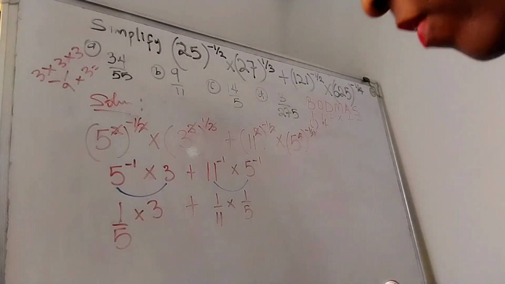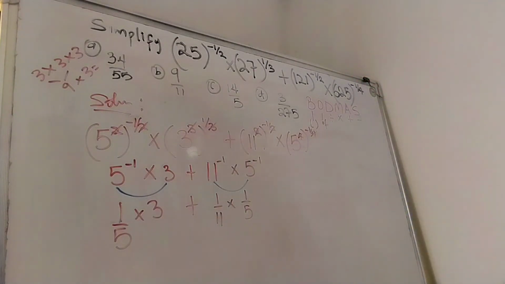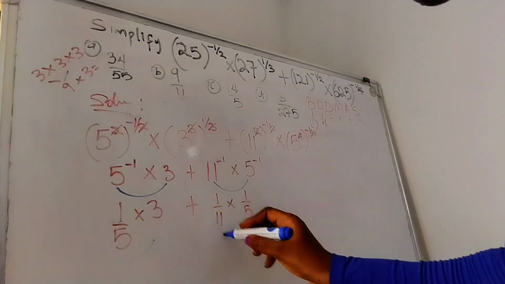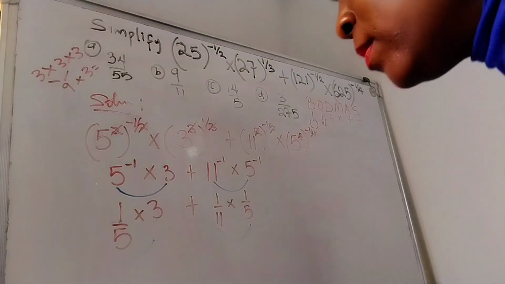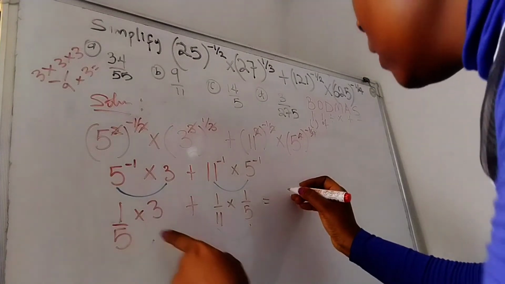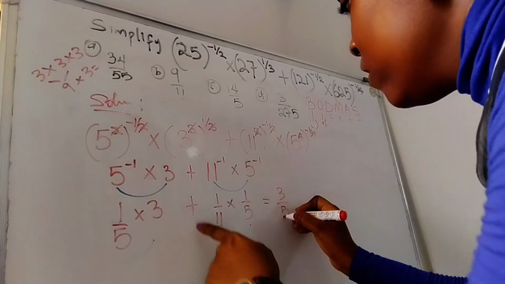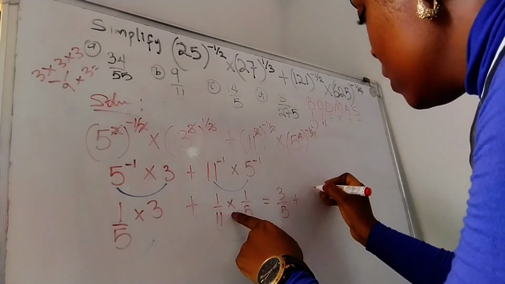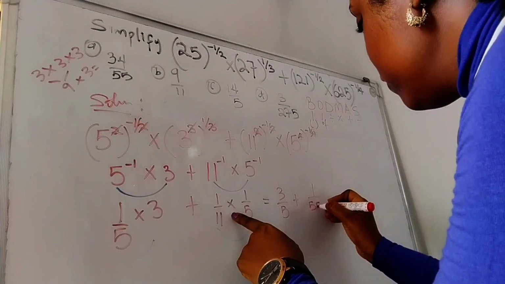So let's further simplify this. Further simplifying will give us 3 over 5 plus 1 over 55.